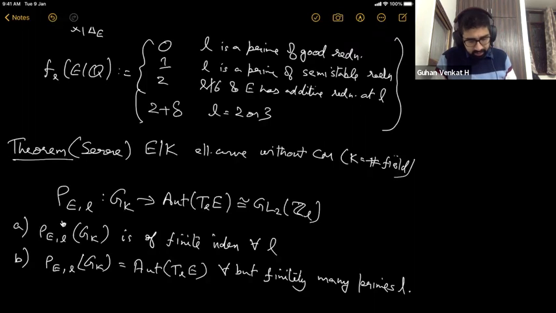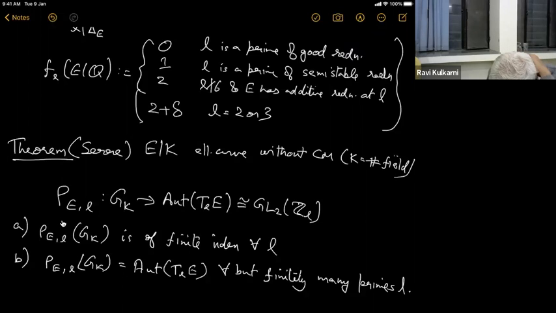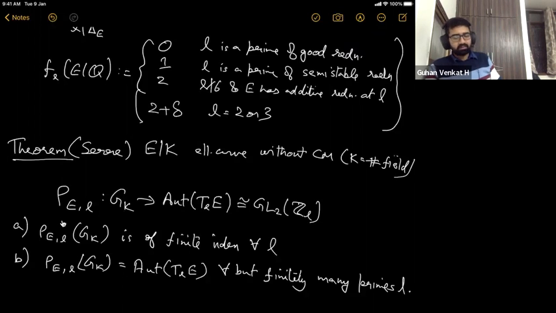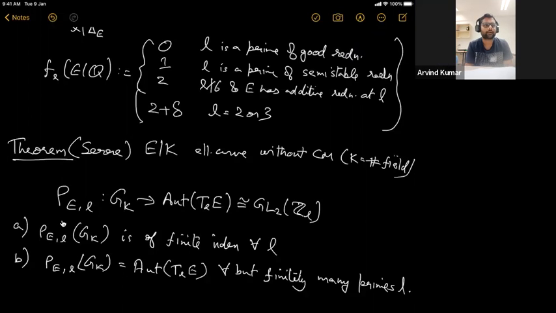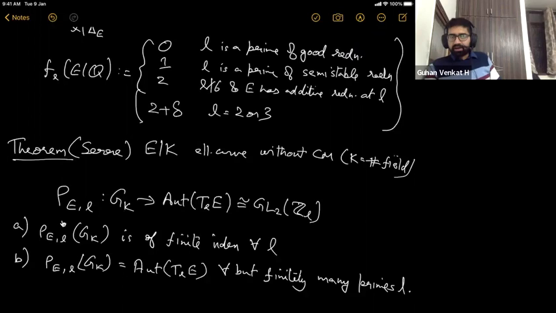Another interesting question is whether there is a bound for the primes, and I think it's sort of uniform. Up to some primes, it's not all of GL2(Z_l), and after that there are only finitely many primes where it's not surjective. That l actually depends on the conductor of E. So there are some effective bounds.